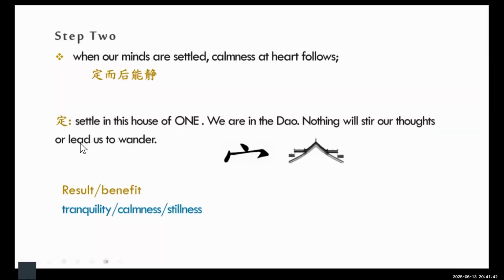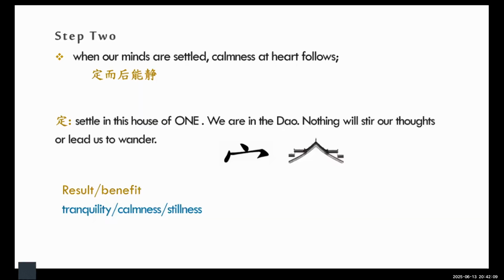And so when we are settled, then nothing will stir our thoughts. We'll always be very tranquil. And there'll be nothing that will lead us to wander around. Sometimes our minds go everywhere. We are like a galloping horse. But knowing our ultimate goal, then we'll be focused on this goal.